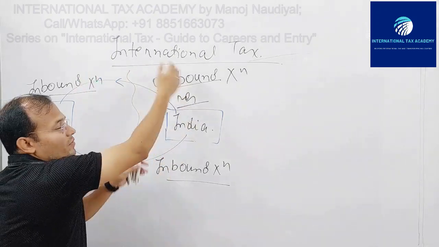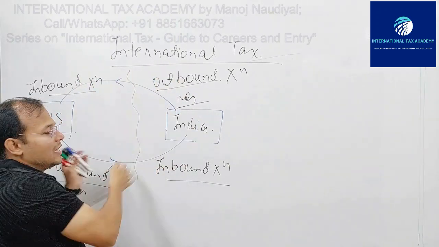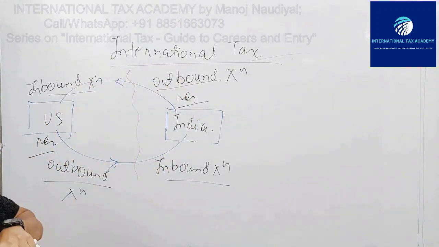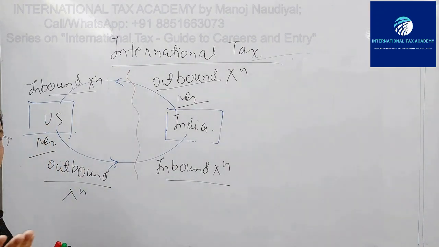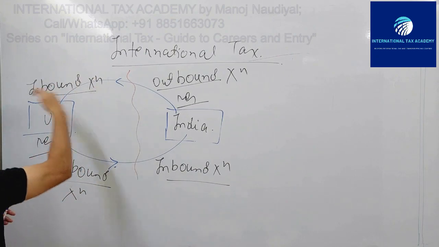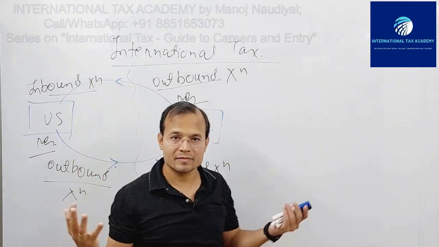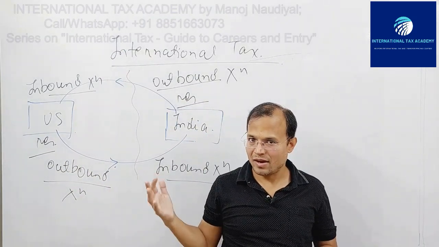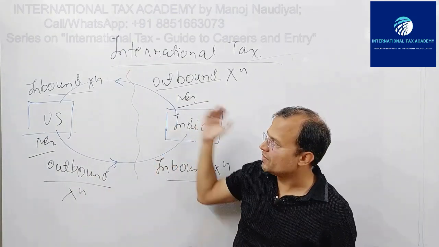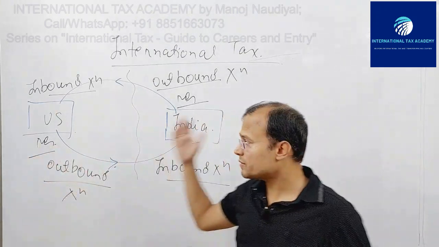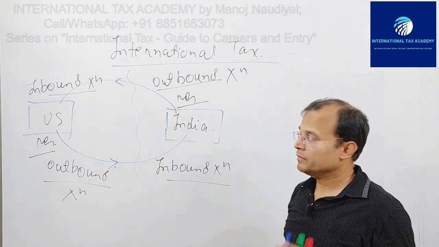Similarly, how would the US taxation system treat this inbound as well as outbound transaction? This is what international tax is. This is one area of international tax which covers inbound and outbound transactions for the countries involved.